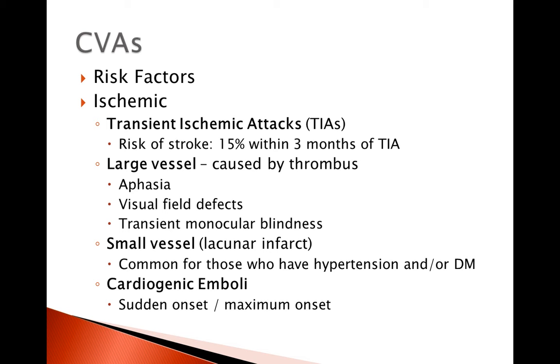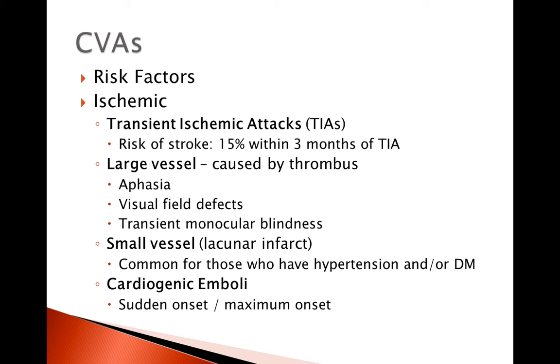The first one is ischemic strokes, or ischemic CVAs. This is a reduction in blood flow. Usually something is blocking the blood vessel. A thrombus, plaque buildup, forms a thrombus, or an emboli, something circulates through and blocks the vessel.